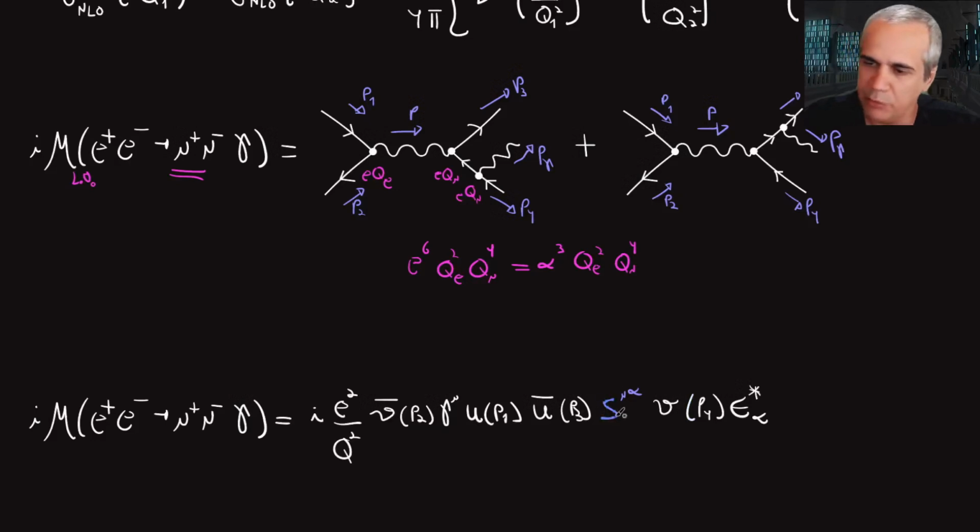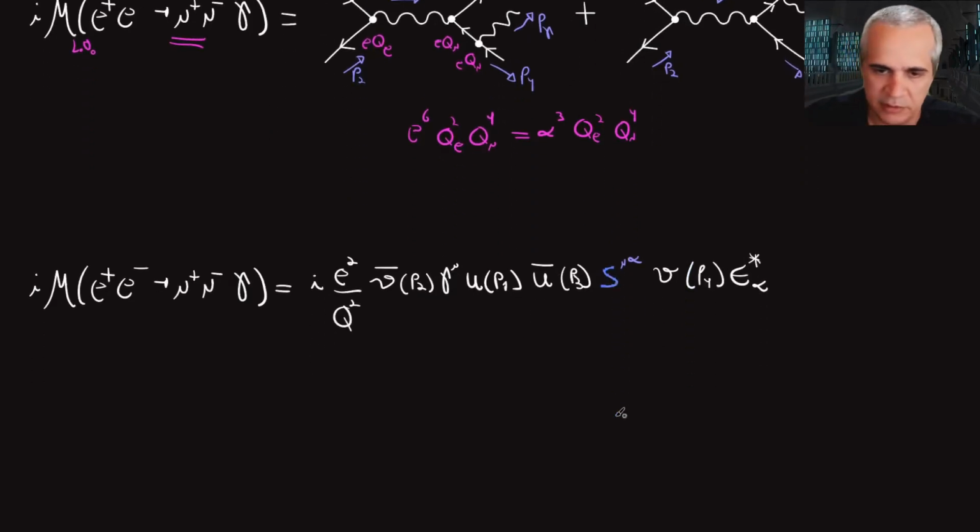And S mu alpha now is defined as, so I observed every new thing here. I have a new vertex, so there's another factor of minus i charge here, and these two gamma matrices I need to put here, right?